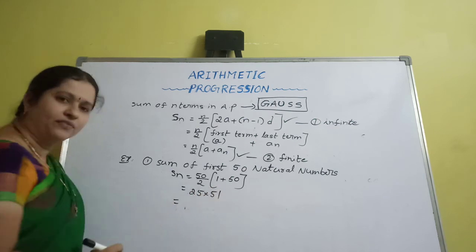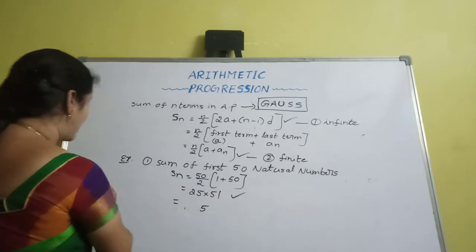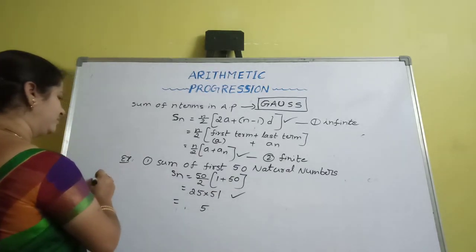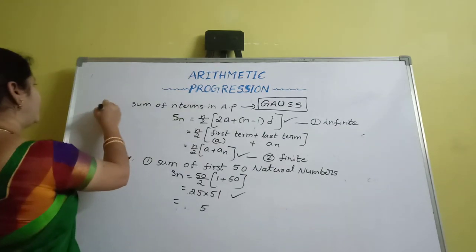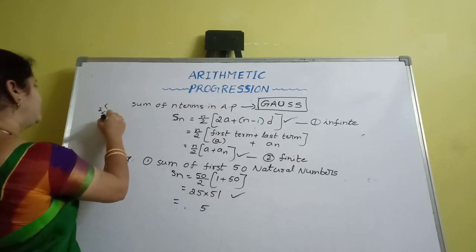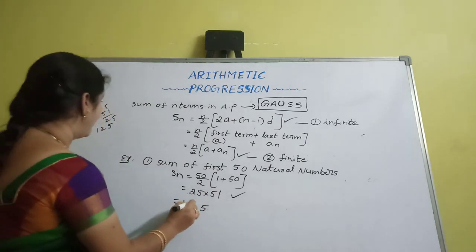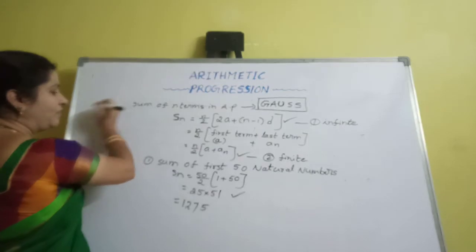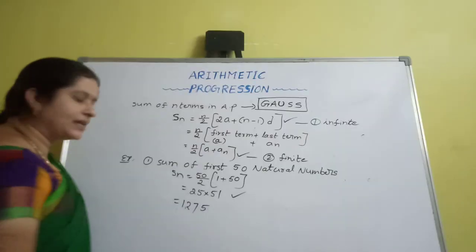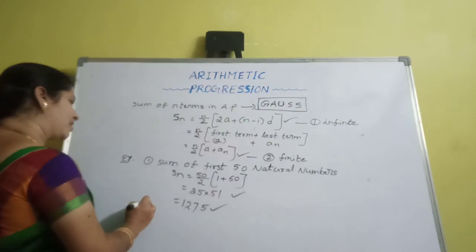Okay. 25 into 51, how much? So 1275. So what is the sum of the first 50 numbers? 1275.